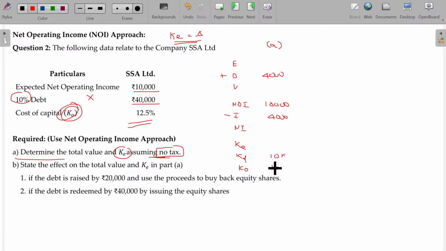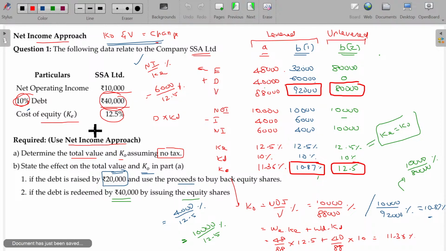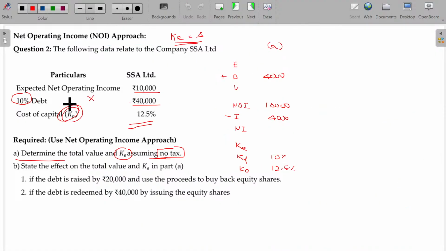KO is given as 12.5%. Because here KE is changing, KE should be calculated. KO remains constant. Clear?